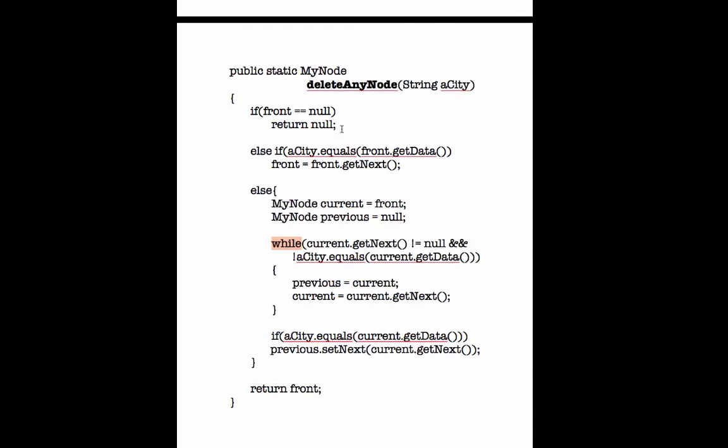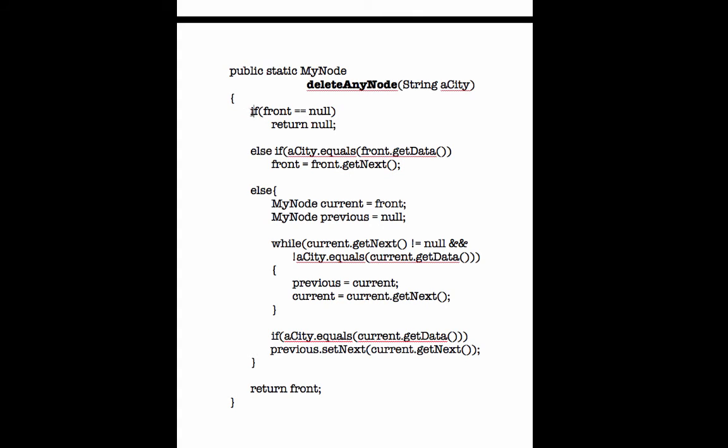So deleting any node is equivalent to deleting the first node of the list. So I'm going to test and ask the question, is the first node data matching the data that I want to delete? And if the statement is true, then I need to bypass the first node, but that's very simple. I assign to front the node that comes after.